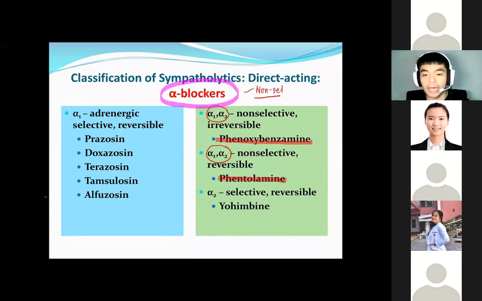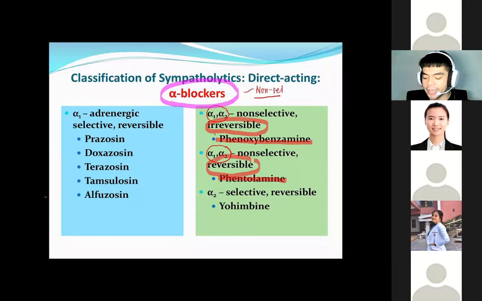Second is phentolamine. What's the difference between these two? Ang difference nila, number 1, phenoxybenzamine is irreversible, while phentolamine is reversible. That's the first difference.